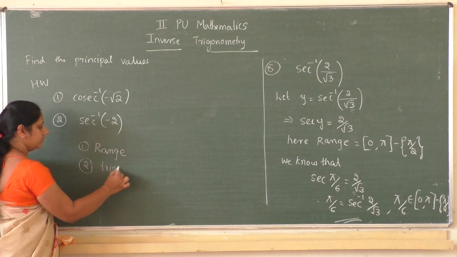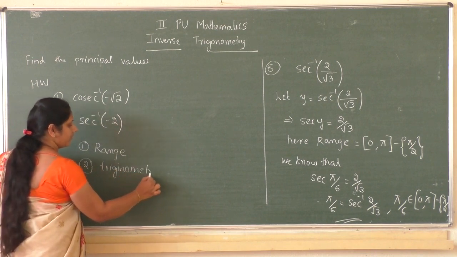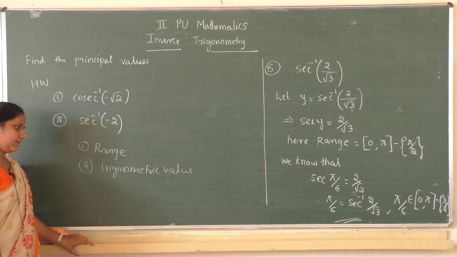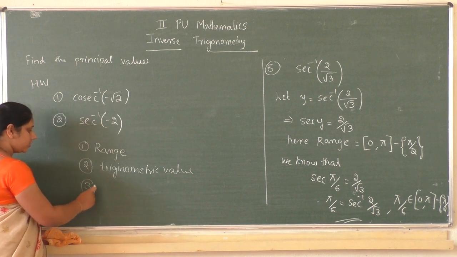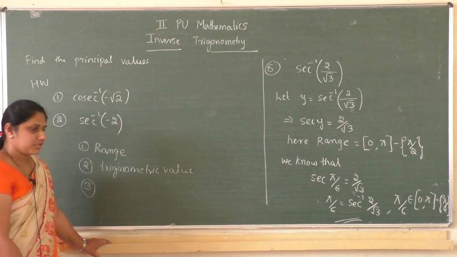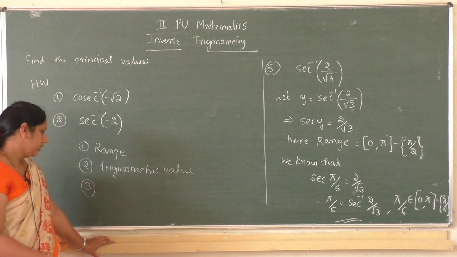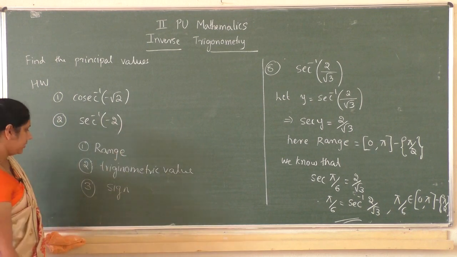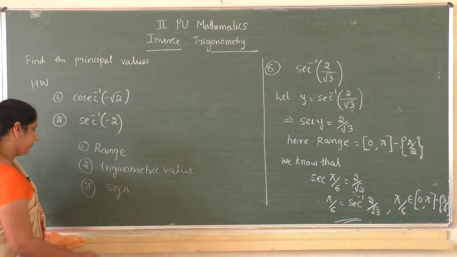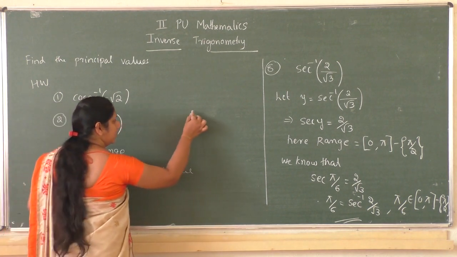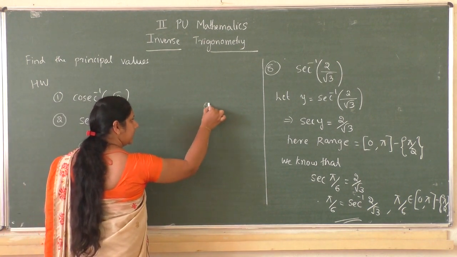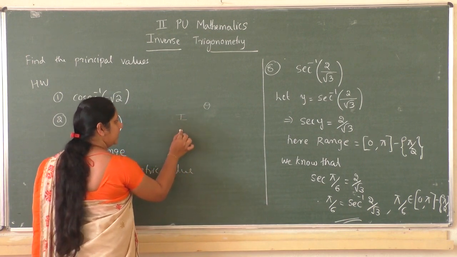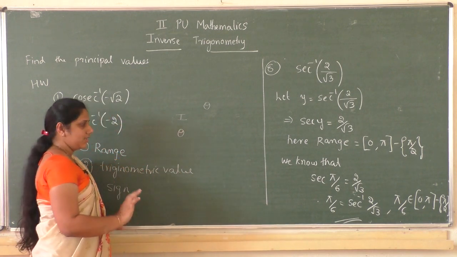Next, trigonometric values like sin 30, sin 60, cos 60 degree, etc. And in which quadrant all trigonometric functions are positive or negative, that is the sign of trigonometric functions in the 4 quadrants. And if one value of theta is known, then if the trigonometric function is in the first quadrant, that value theta remains as it is.